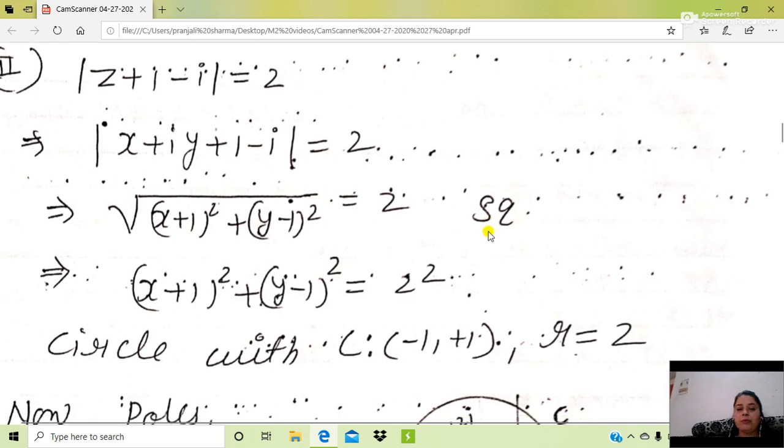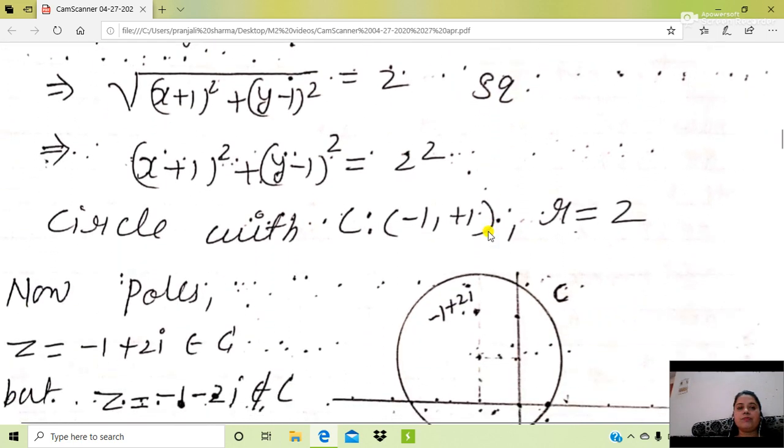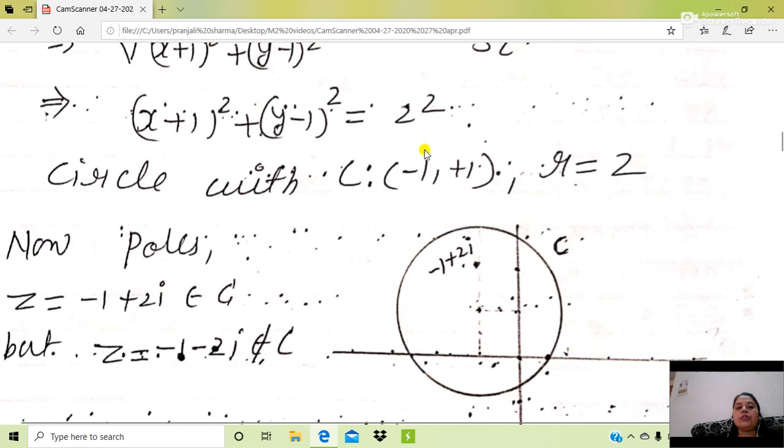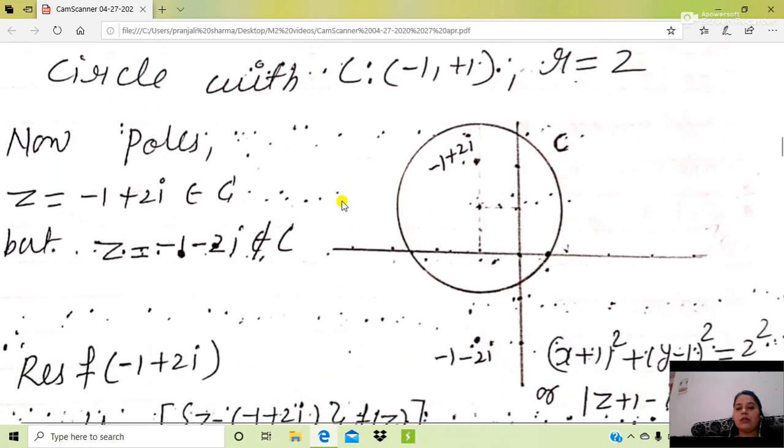And on squaring both the sides, we have another equation of a circle whose equation is (x plus 1) whole square plus (y minus 1) whole square is equal to 2 square. So it's a circle whose center will be (minus 1, plus 1) and radius is equal to 2. So here we have the circle.